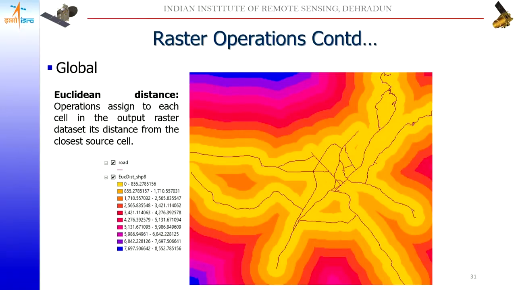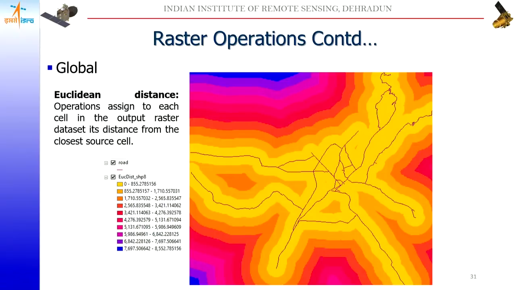Finally, there are global operations, wherein for each and every pixel, all the other pixels in the study region are considered. The example is Euclidean distance, wherein each pixel in the output contains the value of distance with reference to a feature. Suppose we take the road as an example, then each pixel will contain the distance with reference to the nearest road.